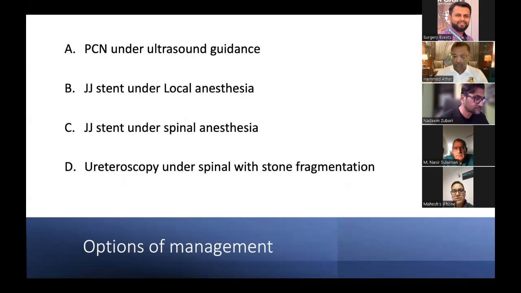Everything has to be discussed with the patients. Obviously, the guidelines also say ureteroscopy in the second trimester is quite safe, and there has not been any difference in complications between ureteroscopy and JJ stent, PCN, and everything.